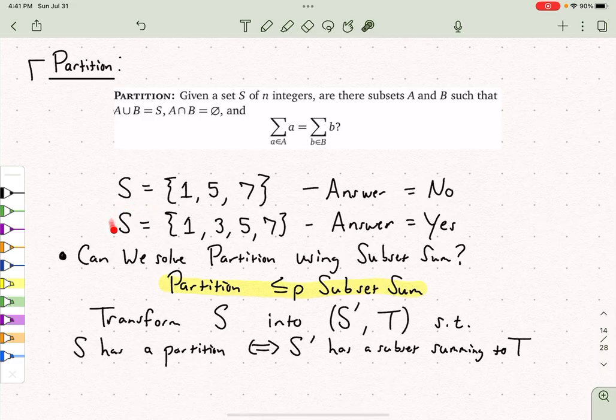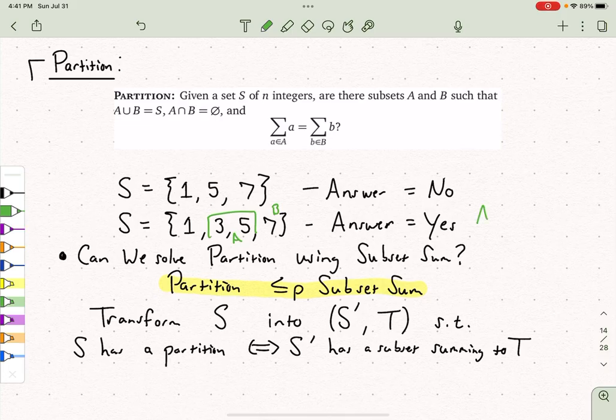Now, on the other hand, if we take this set S that has a 3 added there, now we can partition it. So what's the partition going to look like? Well, notice 5 and 3 sum to 8, and 1 and 7 sum to 8. So if we make 3 and 5 be A and 1 and 7 be B, then that gives us our partition.